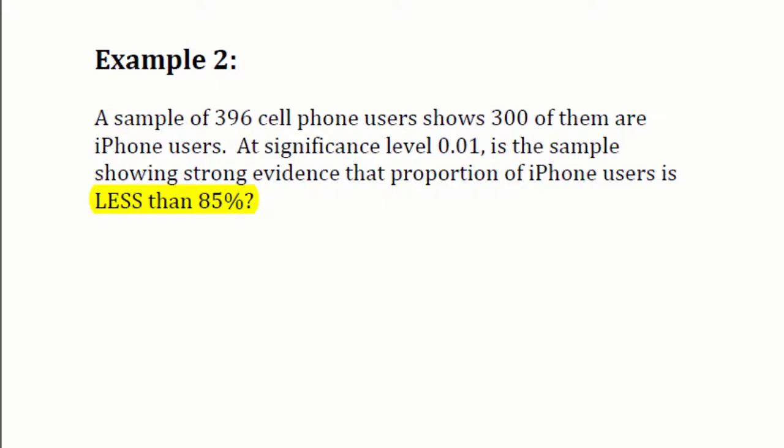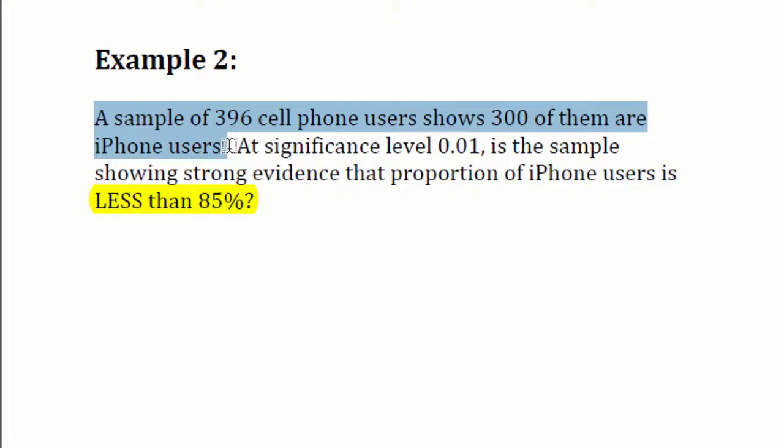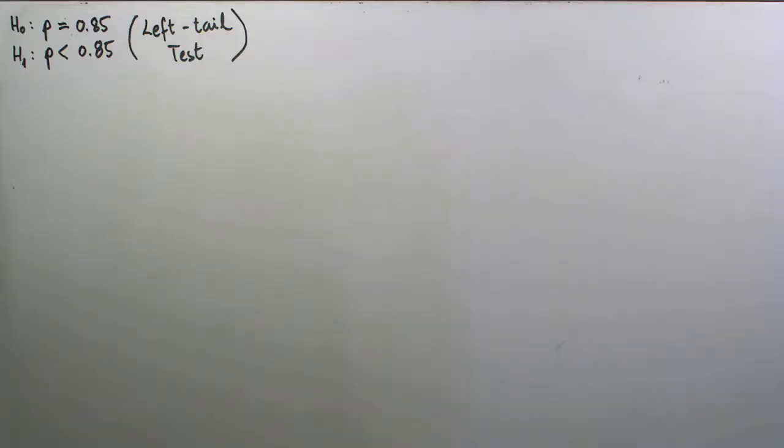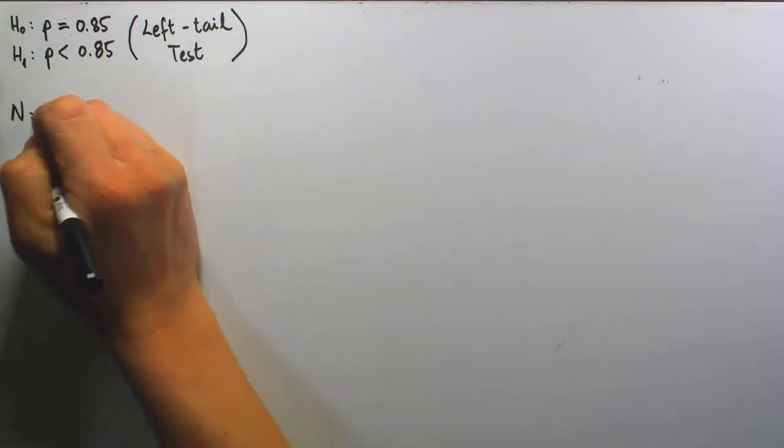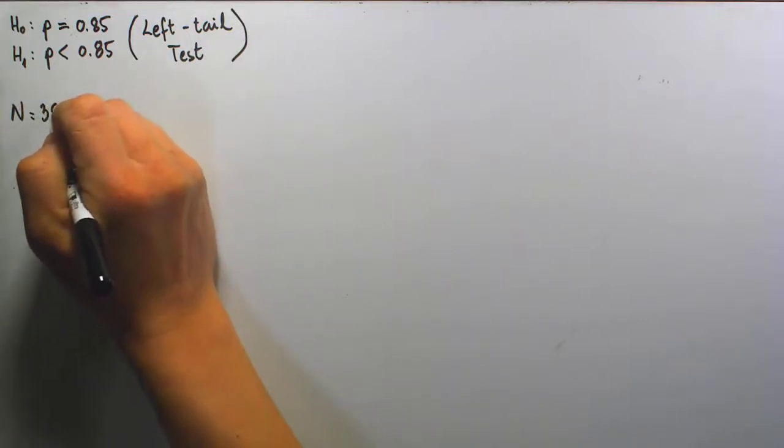And so now back on the wording description of the problem, let's extract information regarding our sample. In the beginning, it says a sample of 396 cell phone users shows 300 of them are iPhone users. This statement indicates that we have a sample size of 396.